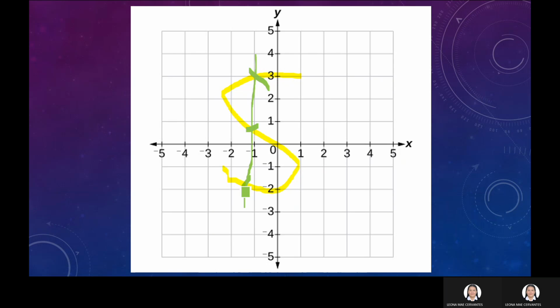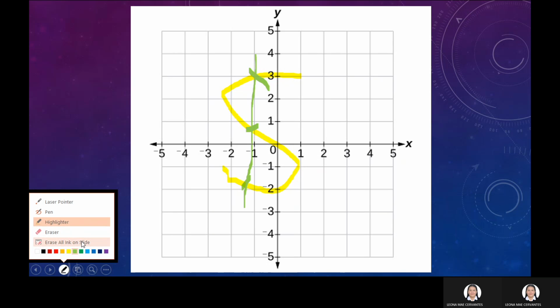So this is considered as relation. Next.